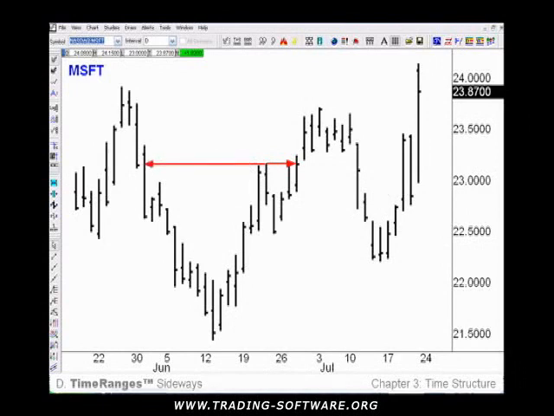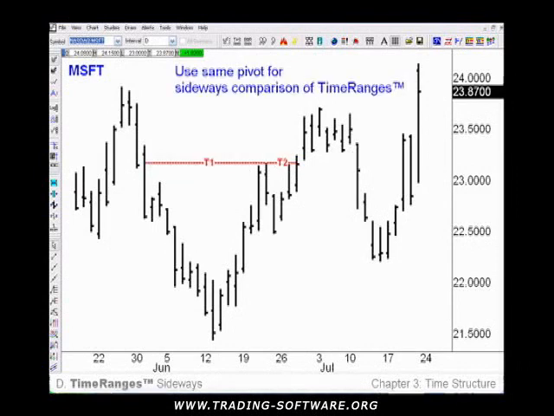So you can call this one T1 and this one T2. We use the same pivot for sideways comparison of time ranges. This one right here. So when any pivot gets broken through, you can use this method.